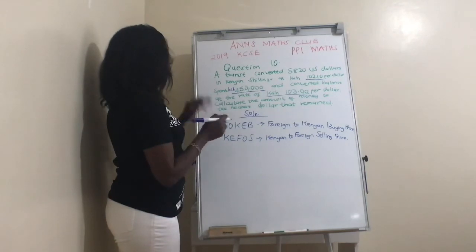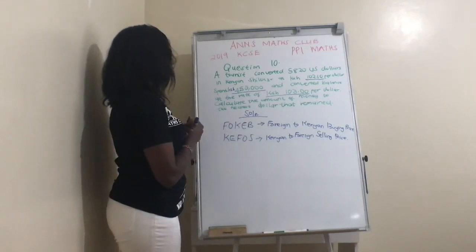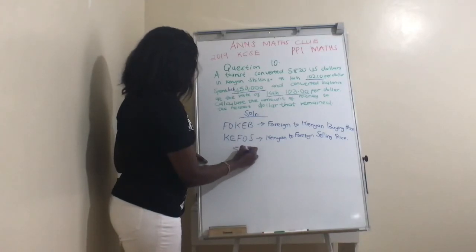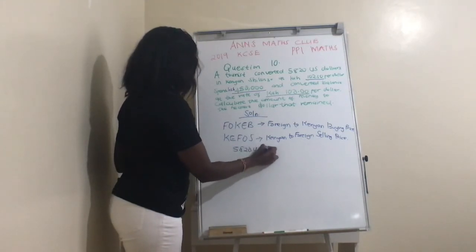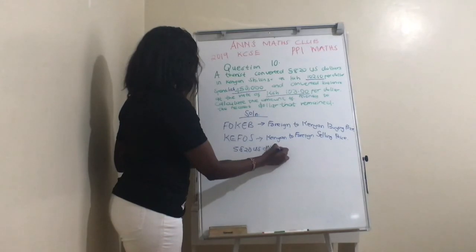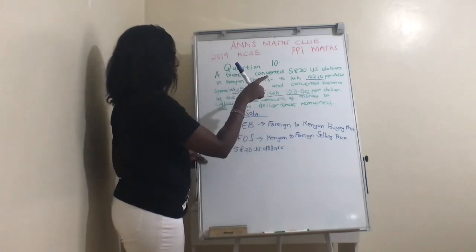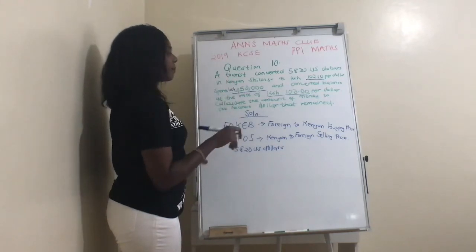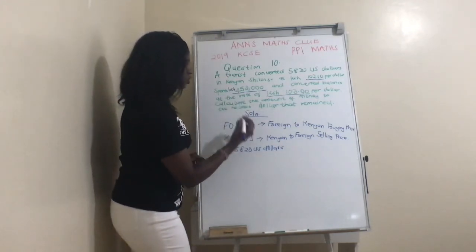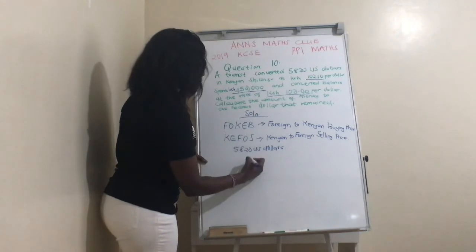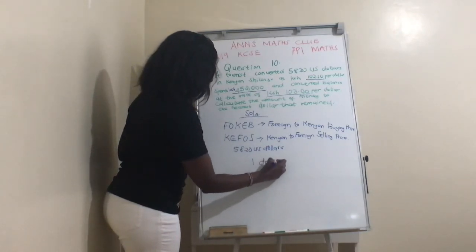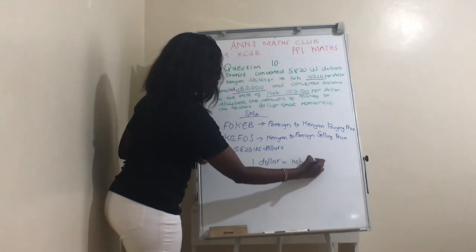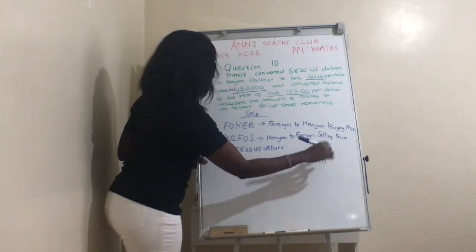So coming back to the question, we've been told that the tourist had, at first, 5,820 US dollars, and he converted into Kenyan shillings at the rate of 102.10 per dollar. So what you know is $1 is equal to 102.10 Kenyan shillings.